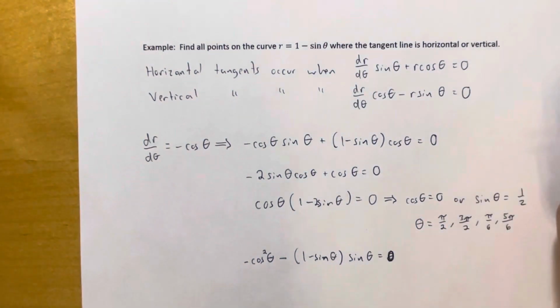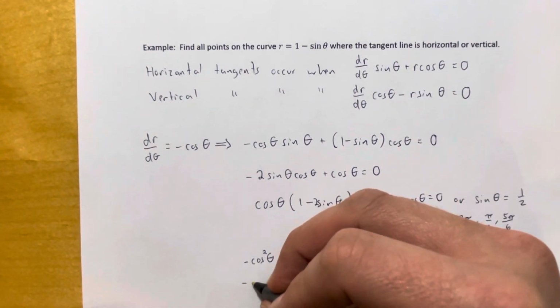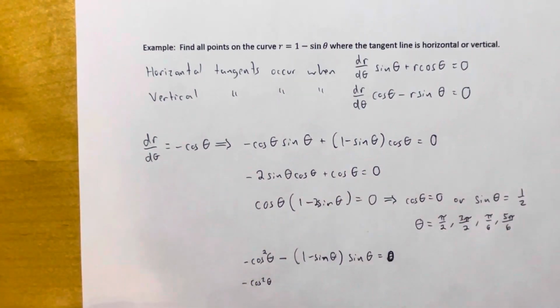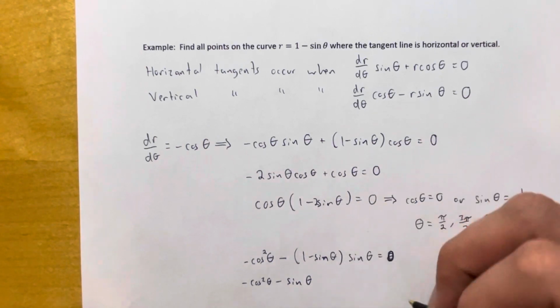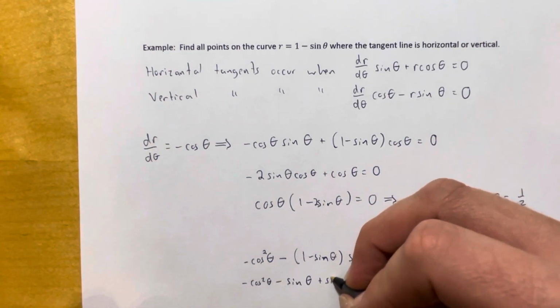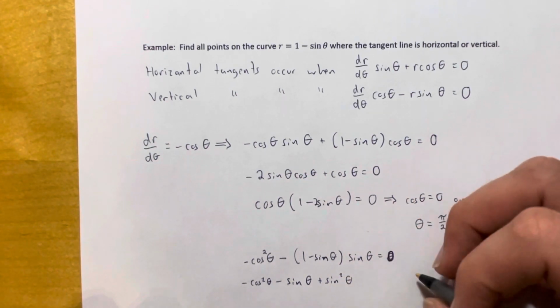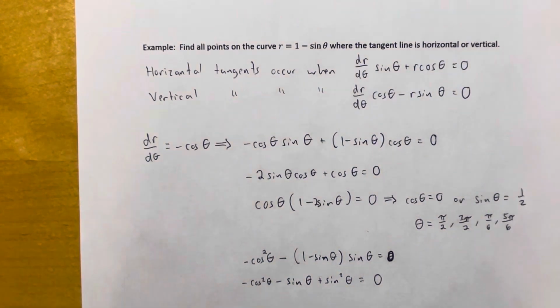That shouldn't be a theta, it's just 0. Okay, let's see if we can simplify this down. So this is like negative cosine squared of theta. Distributing the sine in here, I'm going to get negative 1 times sine, so negative sine of theta. And then I'm going to get negative times negative, which is positive, so plus sine squared of theta, and that is equal to 0. Okay?